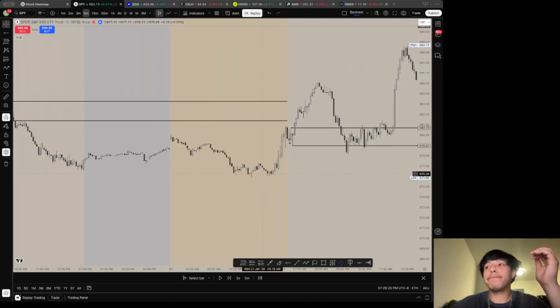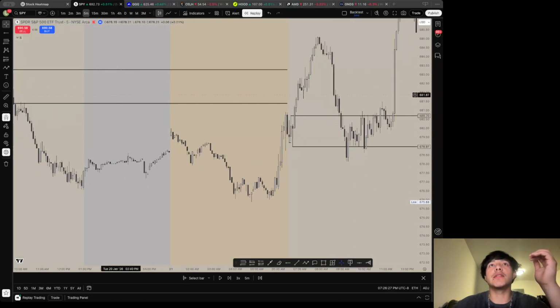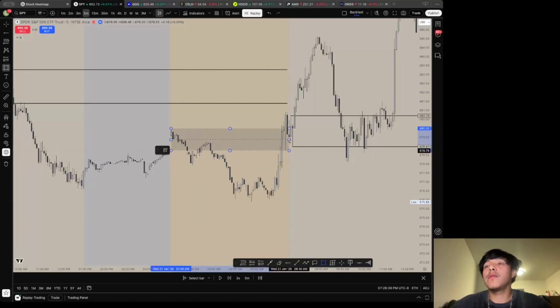Let's take an example, like right here. This is a good example. I think I took this trade as well. So here, pre-market is this right here, and then it goes from here all the way to right here, and we made a huge move down.